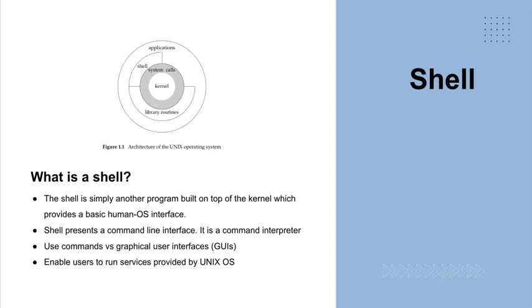So again, what is a shell? Well, a shell, as we mentioned, is a program that's built on top of the kernel that allows us, the user, to interact with the OS. The shell is going to be a command line interface. So we'll be using the terminal for the MacBook. And as I mentioned, this is text-based. So we'll be using command line instructions instead of what we can refer to as a GUI.